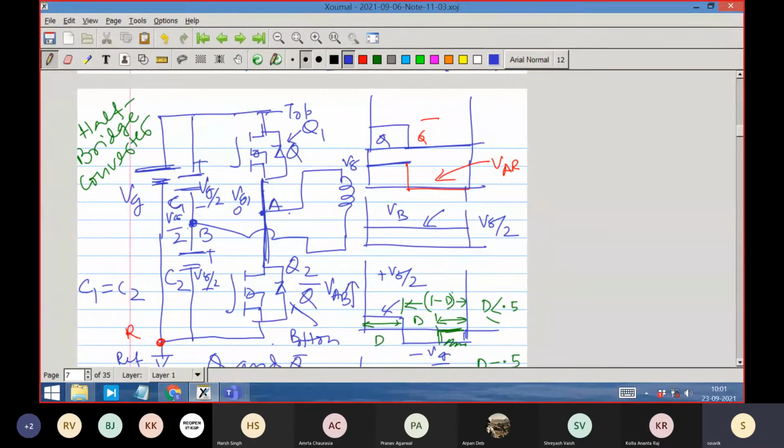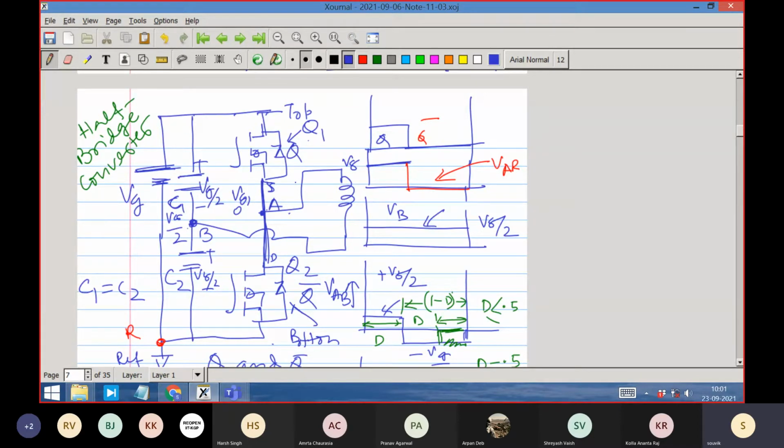Then the link that joins Q1 and Q2, more specifically the source of Q1 and the drain of Q2, is called A, and the transformer is put between the points A and B.